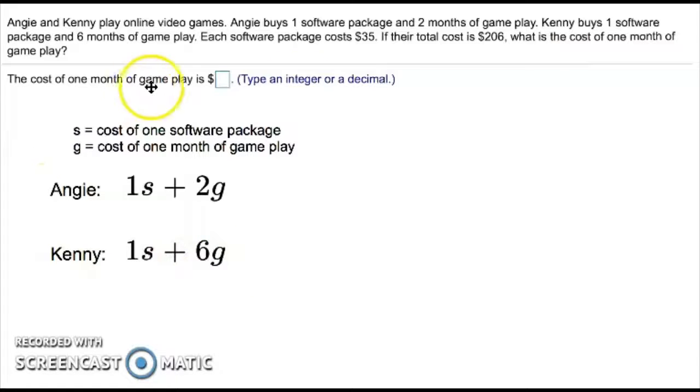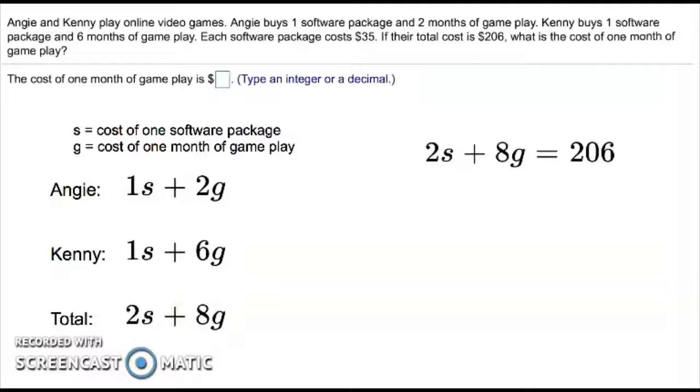So let's add up our expressions. 1S plus 1S is 2S, and 2G plus 6G is 8G. And this amount equals 206, which is their total cost in dollars.